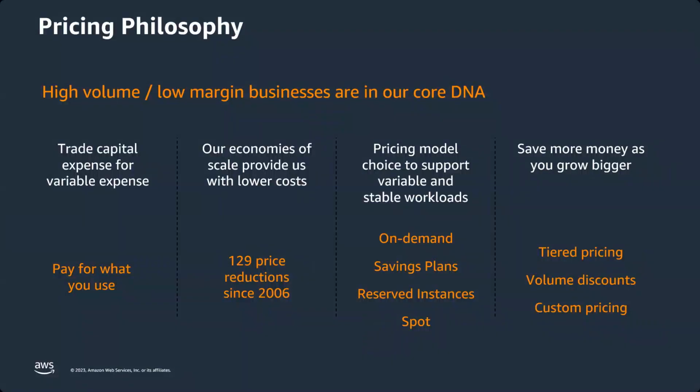We also have the Amazon EC2 Spot Instances. I will briefly touch upon these in the next slides. But just so you know, EC2 Spot Instances allow you to achieve up to a 90% discount compared to on-demand pricing, but they are usually recommended for workloads that can be interrupted.